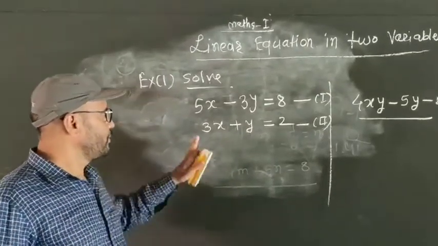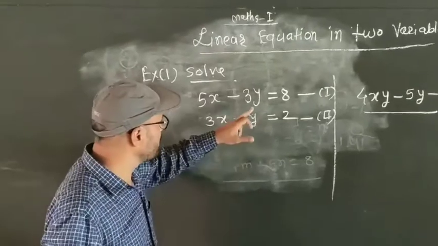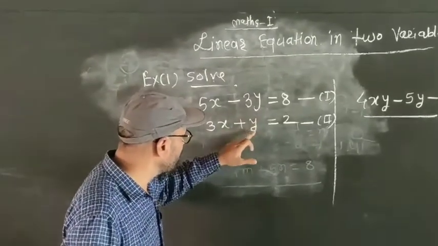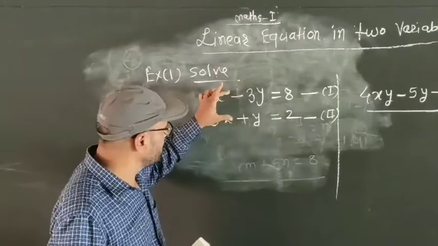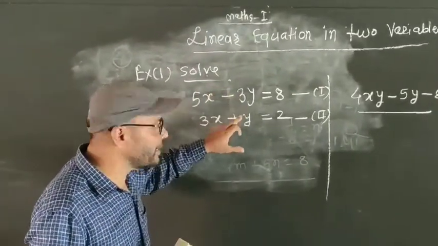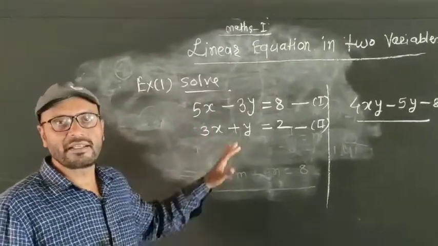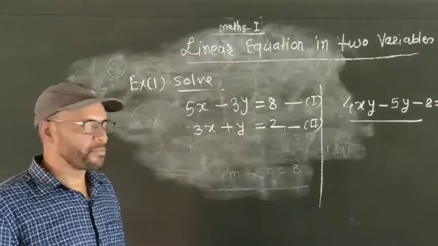Now equalize these two terms as similar terms, like 3y. Only the sign differs, so we can cancel this term. And then we can solve this example.